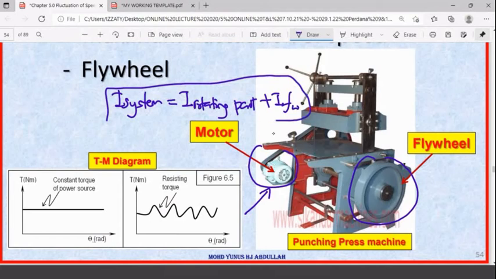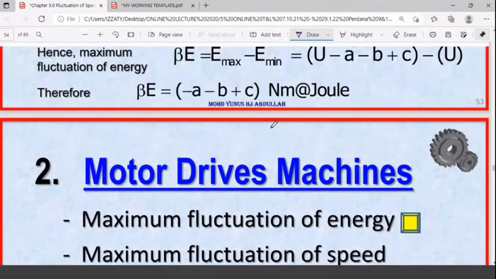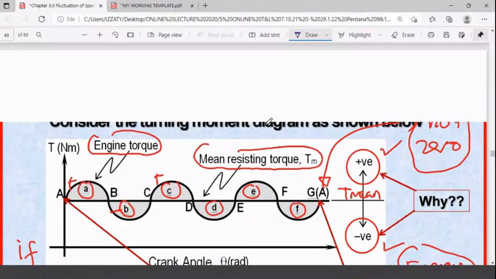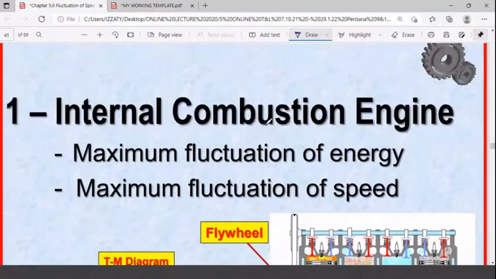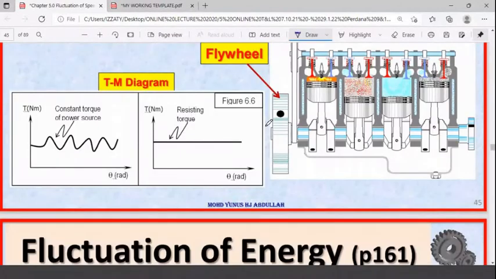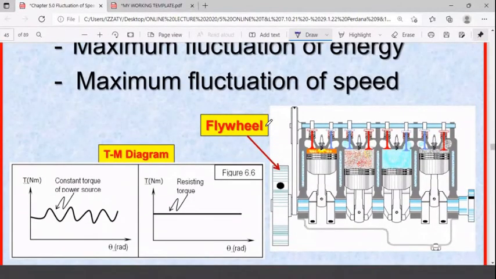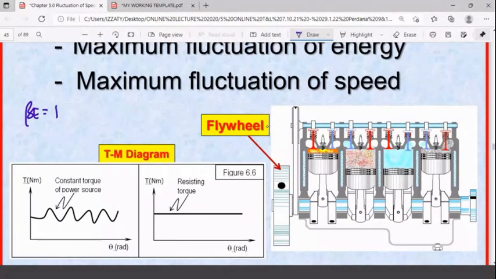So look at this one. Typically, this is for a motor drive machine. But if you go back to the internal combustion engine, I'm talking about the principle. You know that your beta E is equal to I alpha omega mean squared. Look at the I. You only have the flywheel.